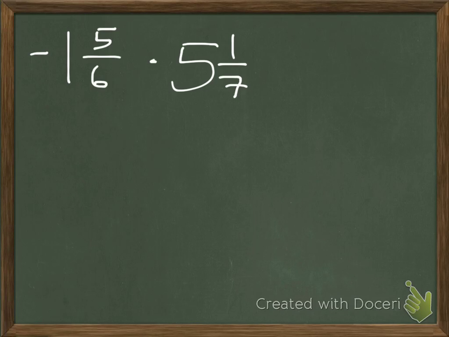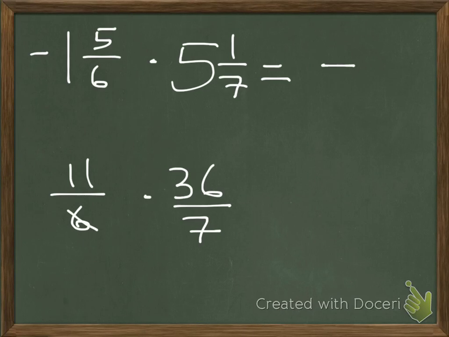Here's another one. We have a negative times a positive, so our answer is going to be negative. I'm just going to write that in the beginning so I know. I need to make both of them mixed numbers, so I don't need to pay attention to the negatives when I'm doing this process. I have 1 times 6 is 6, plus 5 is 11, times 5 times 7 is 35, plus 1 is 36.